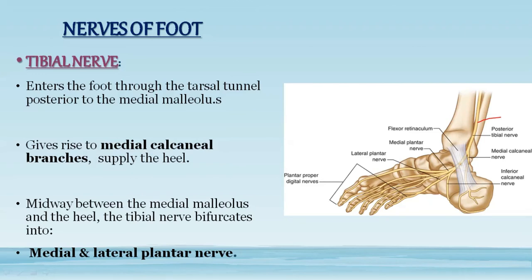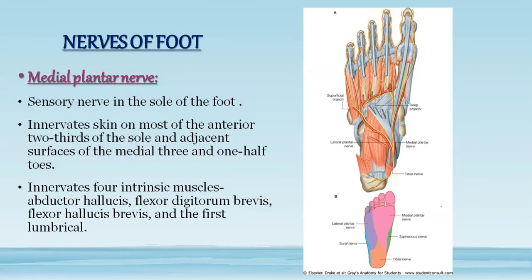This tibial nerve gives rise to the calcaneal branch, which supplies the heel, and midway between the medial malleolus and the heel, the tibial nerve gives rise to the medial plantar nerve and the lateral plantar nerve. So there are two nerves which supply the plantar aspect of the foot, like the arteries.